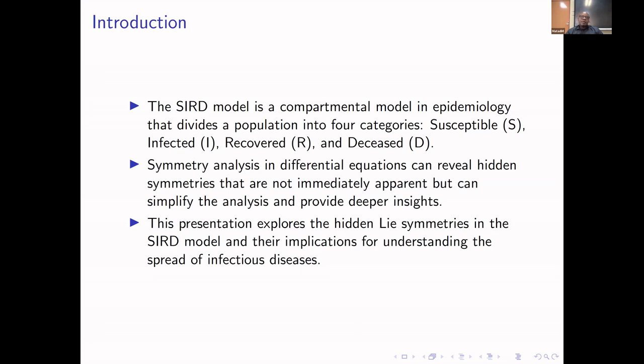As I said, in the previous one I couldn't find it, but now I discovered that hidden symmetry. In this presentation, I will explore more on the hidden Lie symmetry in this model and the implications for understanding the spread of infectious diseases.